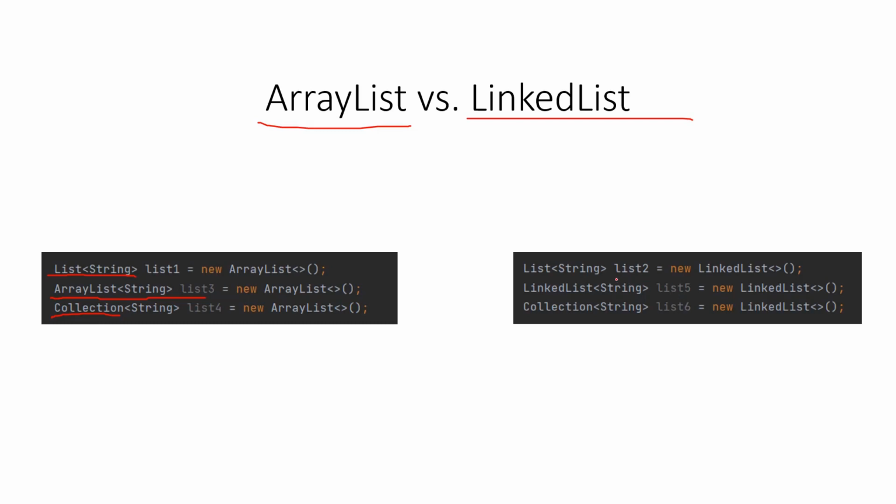Same way for the linked list: you can define it as an object of the list, as an object of the linked list, or as an object of the collection. Depending on the task, some methods may be missing. So if you want to use all the methods, it is better to use linked list or list for the linked list, and for the array, you can just declare through the list or ArrayList.